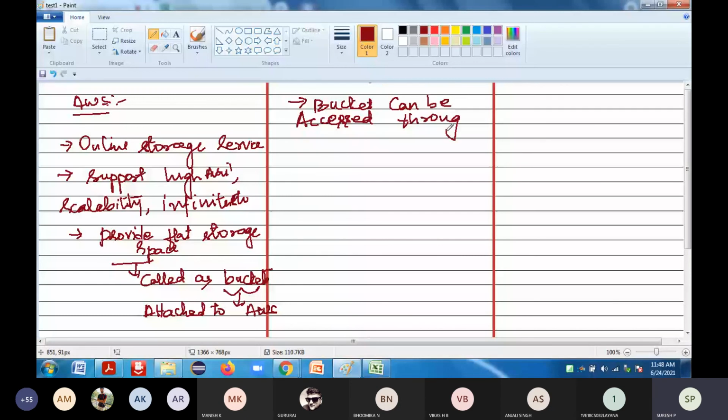Since it uses HTTP, the disadvantage is that it is not secure. These are some of the file systems or storage subsystems, which are high performance distributed file systems used for data intensive computing.